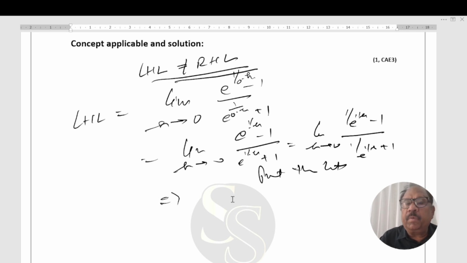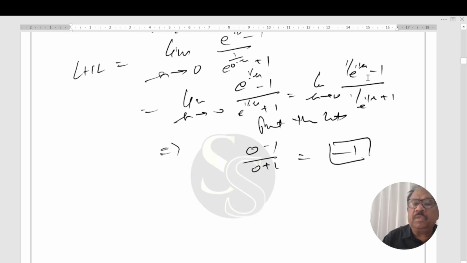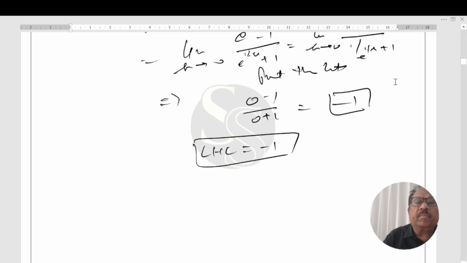So e to the power 1 by h becomes infinity, e to the power infinity, and 1 over infinity is 0. So 0 minus 1 upon 0 plus 1. Answer is minus 1, which means left hand limit is minus 1. Now to find right hand limit.